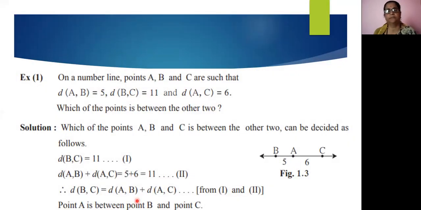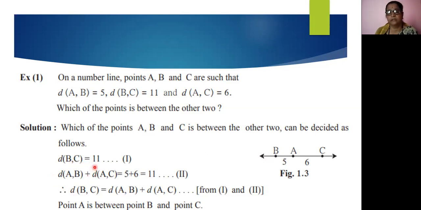Next example we are going to study. Here, points A, B, C are such that distance AB is equal to 5, distance BC is equal to 11, and distance AC is equal to 6. Which of the points is in between the other two? On the number line, distance BC is equal to 11.